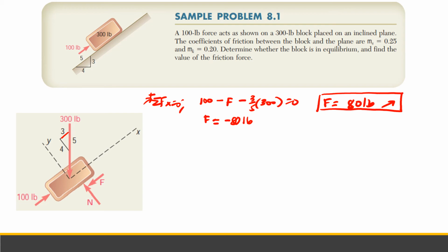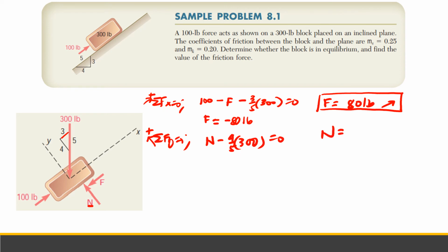Now, we'll find N first since it is still unknown. Summation of forces Y equals 0. Upward to the left is positive. N minus 4 over 5 times 300 equals 0.